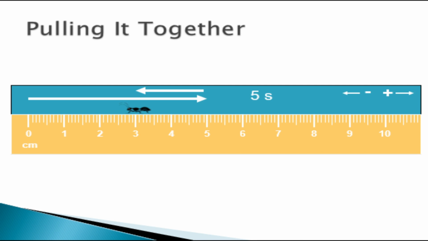From our illustration, we can see that the ant moves from point 0 up to point 3. So from 0, you have 1, 2, 3, 4, 5, 6, and then 7. Therefore, the distance covered by the ant is 7 centimeters.